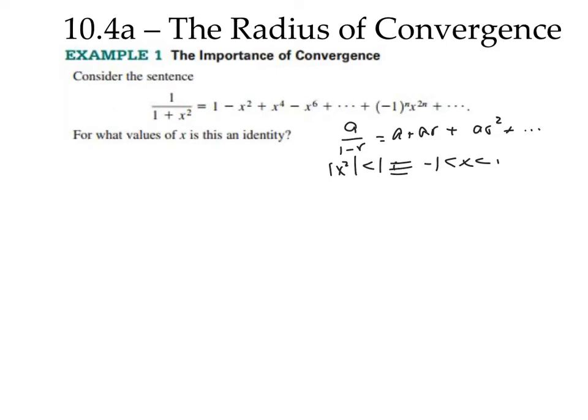If I substituted a number like 1/2 into both sides, I'd have a true statement. But if I plugged in a number like 2, on the left I'd get 1/5, and on the right I'd get 1 minus 4 plus 16 minus 64, and that certainly is not a true statement.